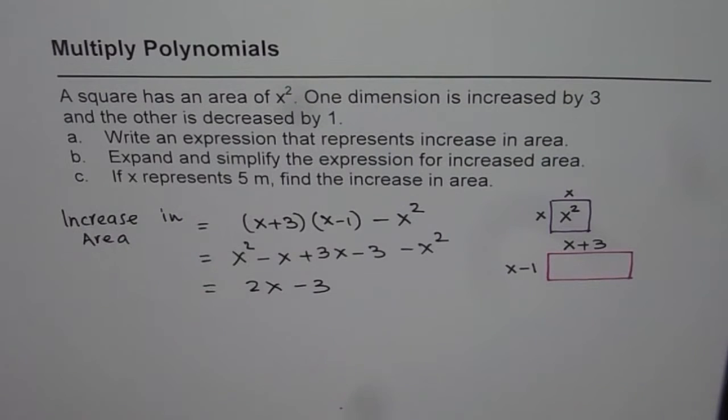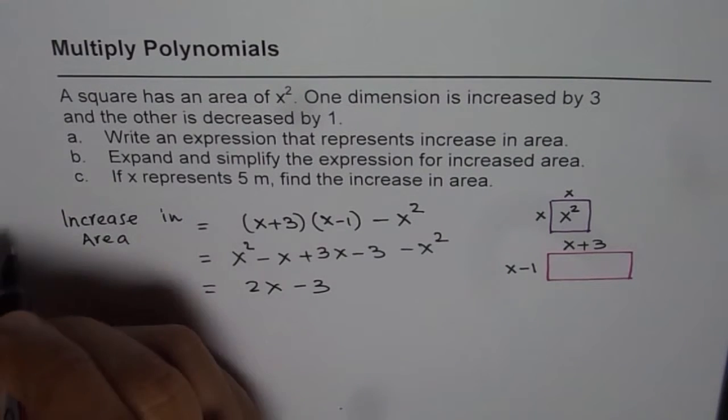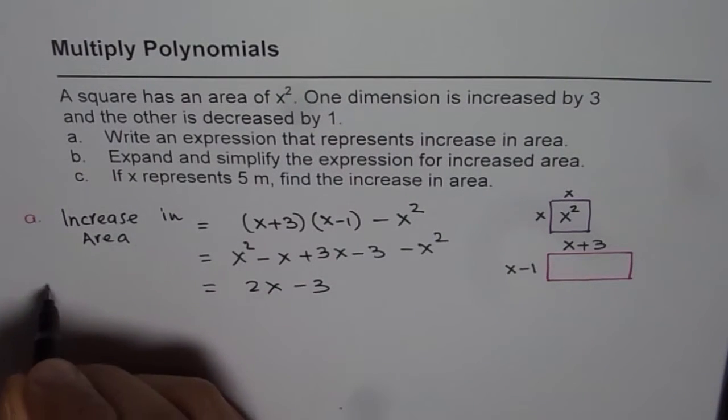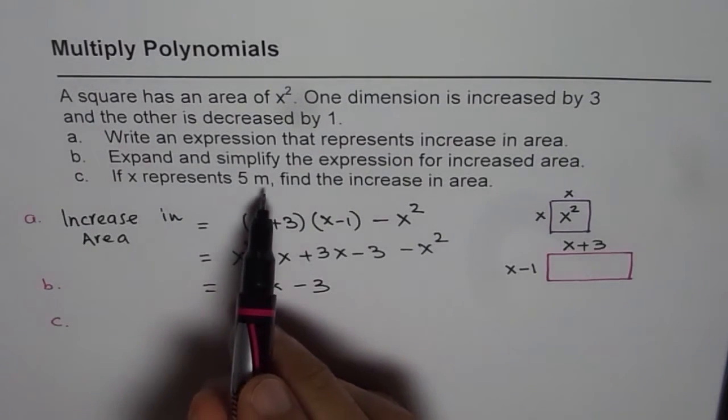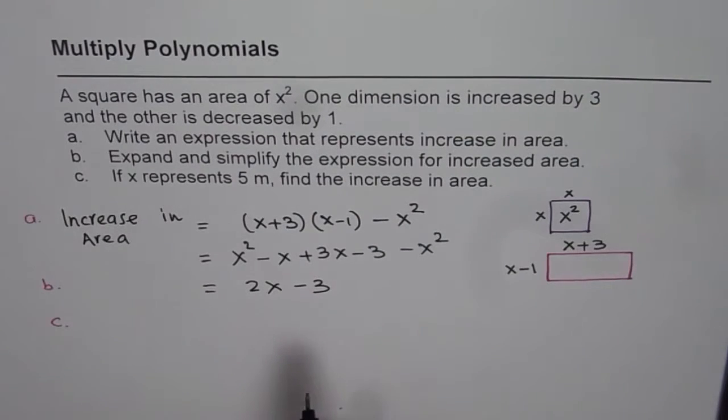Now we have written part A here, this is B, and C is, if x represents 5 meters, find the increase in area, right?